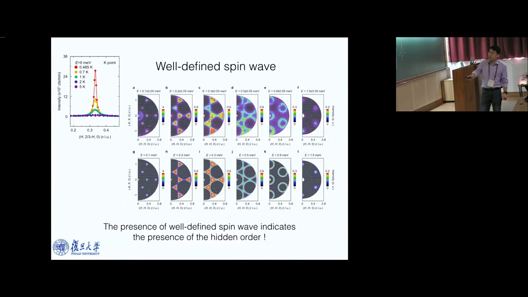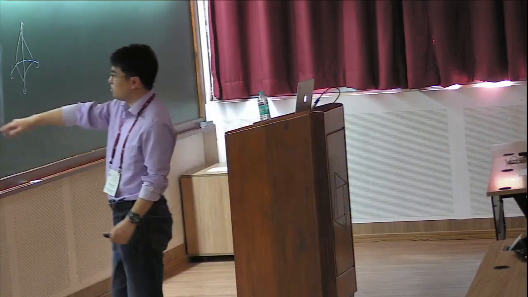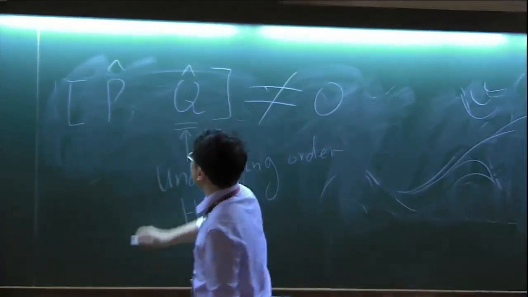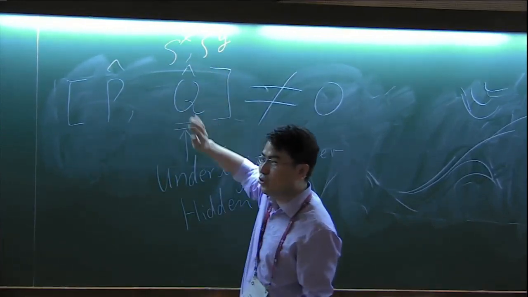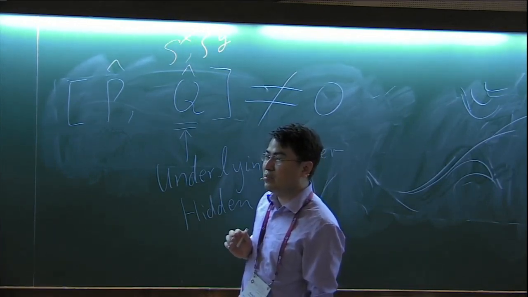And this is the theoretical calculation. The reason you can see this well-defined mode is that the system has to have order in the hidden XY plane. Then you apply SZ, you flip it, and you create a coherent excitation. Otherwise, you do not see it. So the system has order in the SX or SY channel, but SX, SY channel order is not measurable by any conventional magnetic measurement.